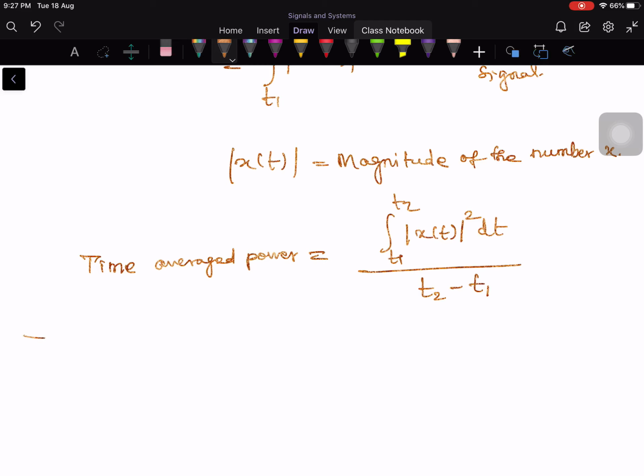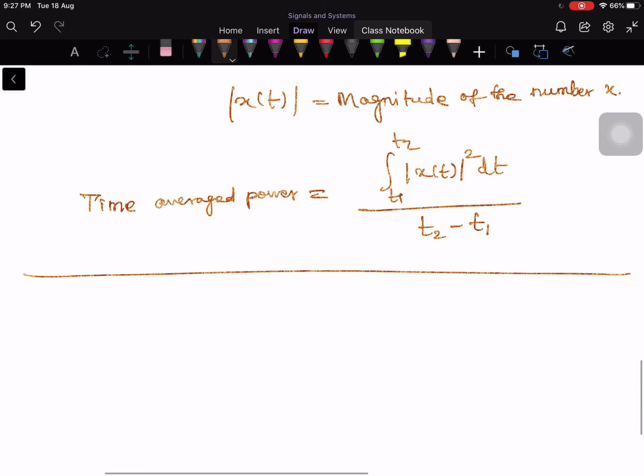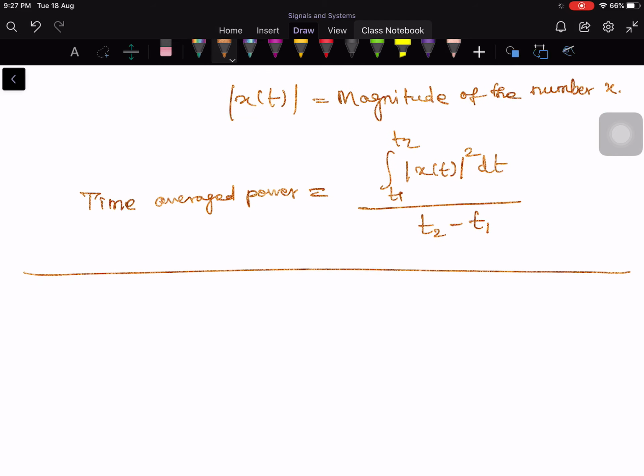Now let us talk about the same thing for a discrete time signal. As I said, the discrete time signal is denoted by x of n in square brackets. Now the discrete time signal exists between the interval from, let's say, n1 and n2.